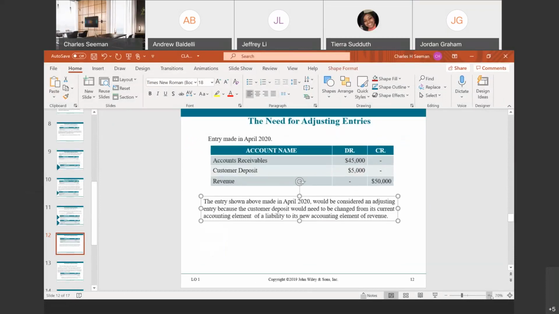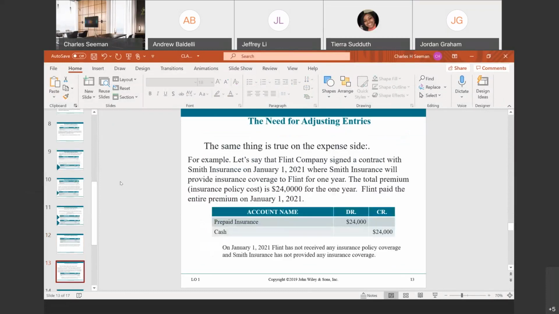Remember, the matching principle says we have to match the revenues with expenses. So an expense could be in 1 month, let's say January, but it could affect many months or just one other month, say mid-February, March, or April. So here's an example of that.